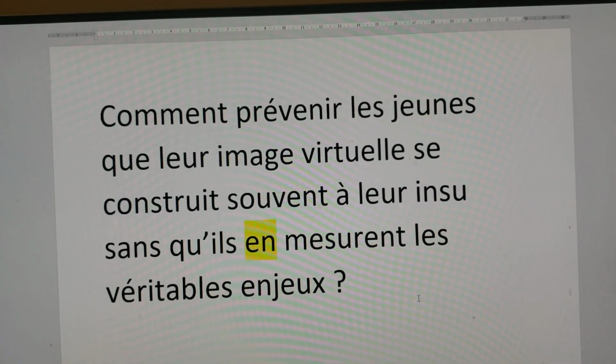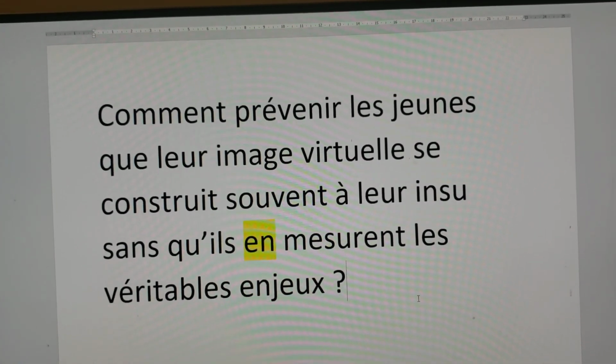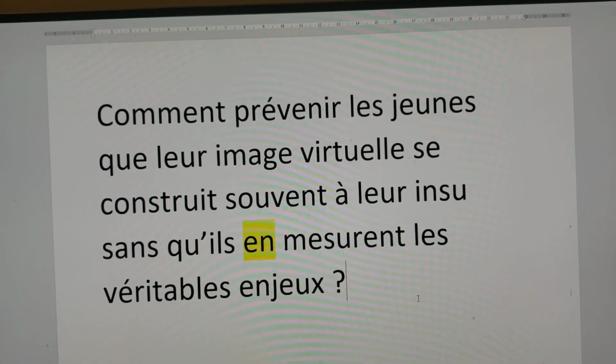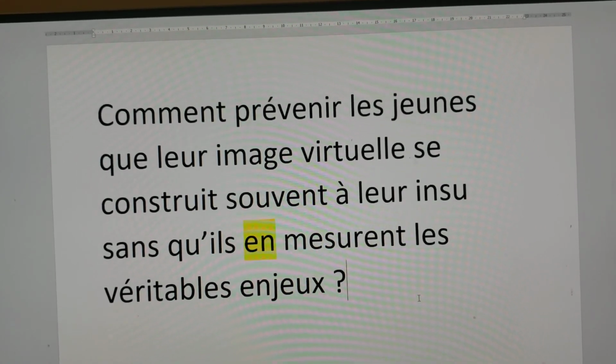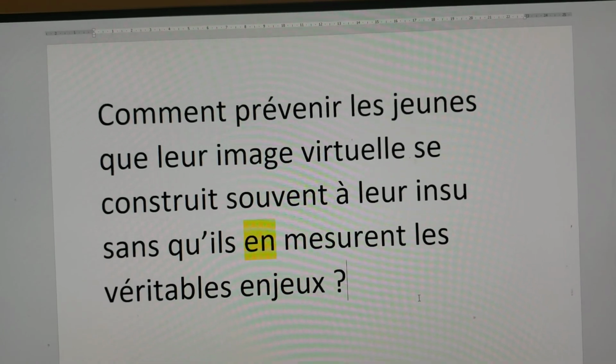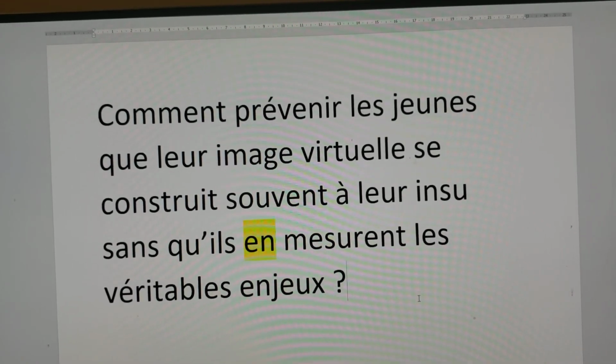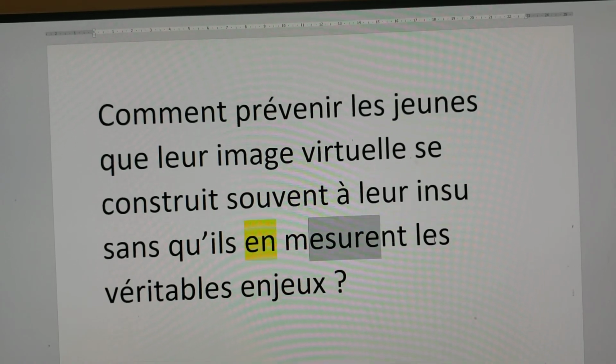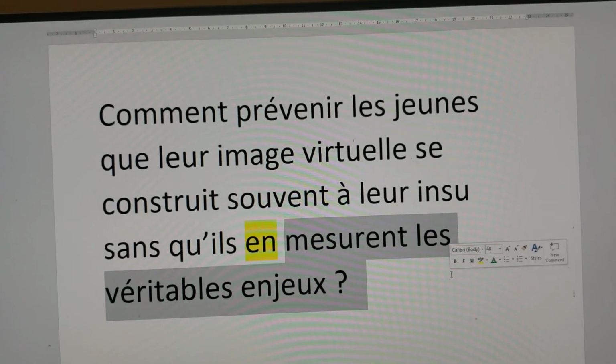So basically it means how are we going to warn the youth that a virtual image is created, that results without their knowledge, without them knowing the actual stakes on hand.